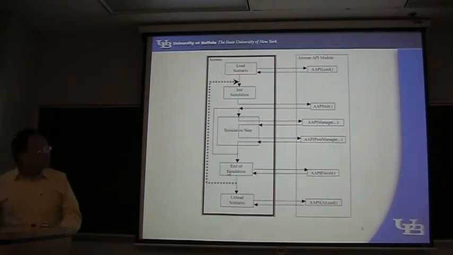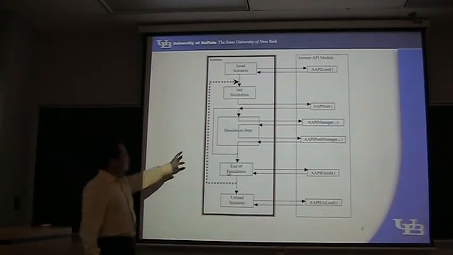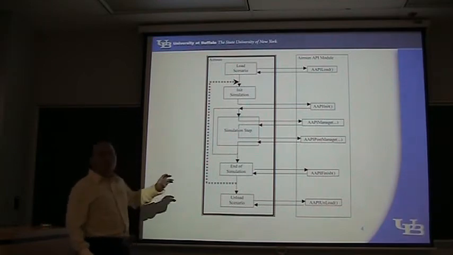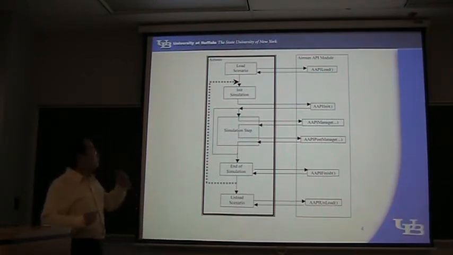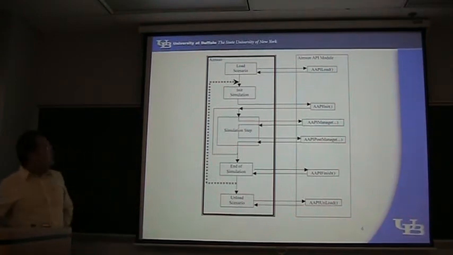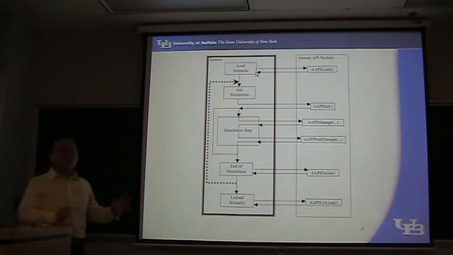Now, here is a very good figure describing how you use the API. Basically, for MSum API, you have several functions. For example, you have these functions called API load that will be loaded when you load your network.